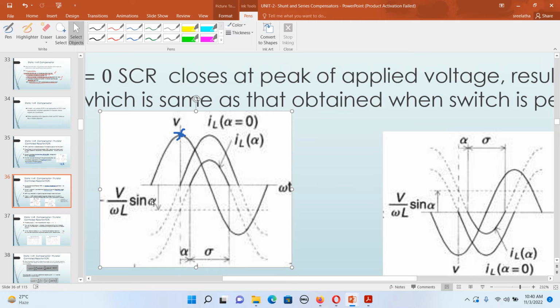Alpha is nothing but the firing angle. The more the firing angle changes, the less current. Zero firing angle means full current is conducting.